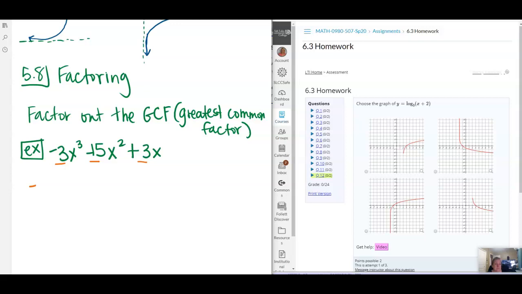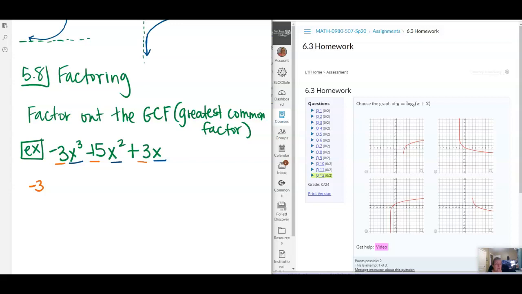Then I'm looking at 3, 15, and 3. Well, 3 is the biggest number that can divide into all of those numbers. So negative 3 is going to be part of our GCF. Then the other part comes from looking at our variables. We've got an x to the third, x to the second, and x.